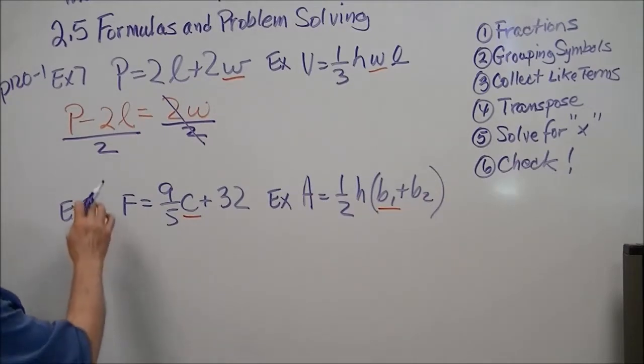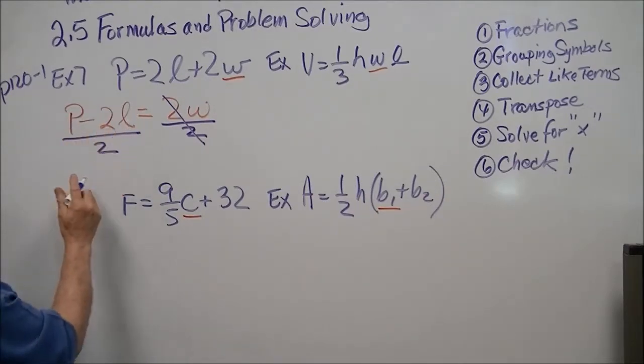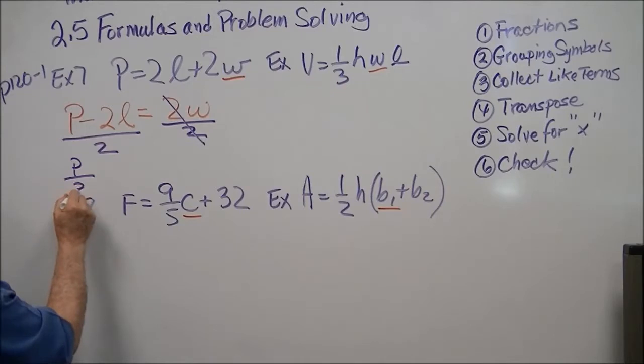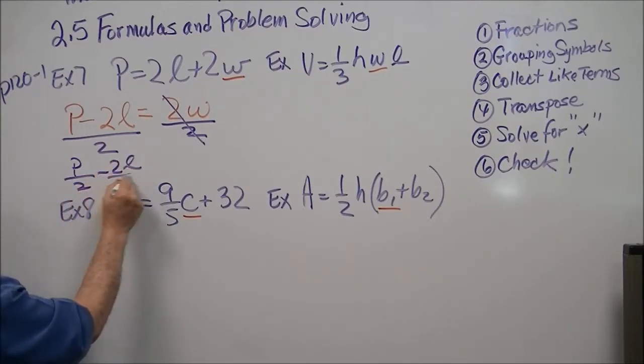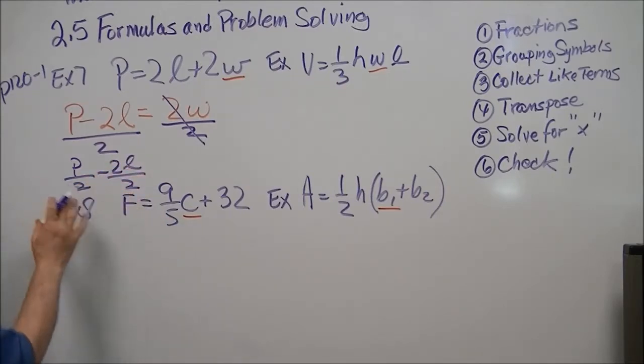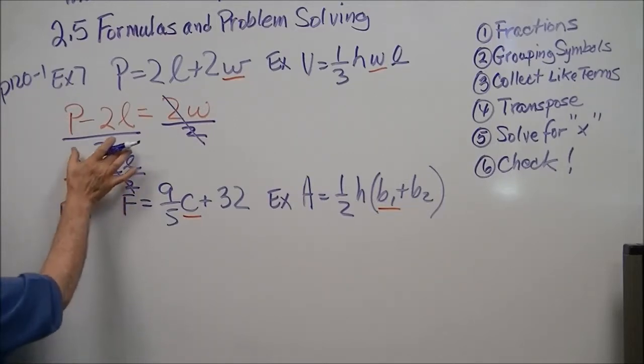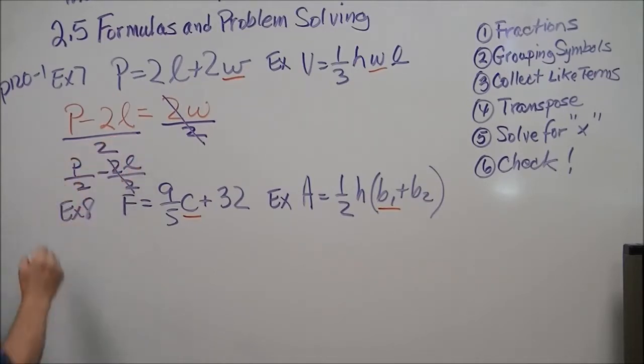Now, if you had placed the 2 under each of these terms, and did it this way, the 2's would actually cancel out here. That would be a modification, but most of the time, this is the one they want right there.